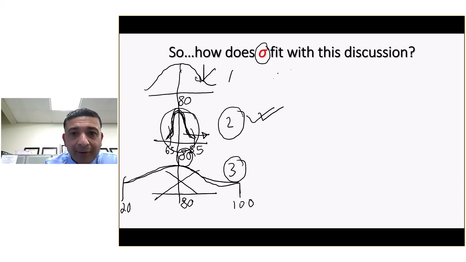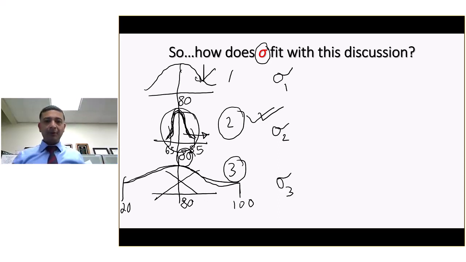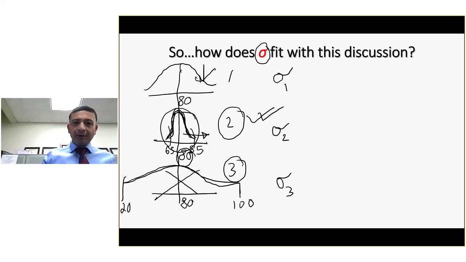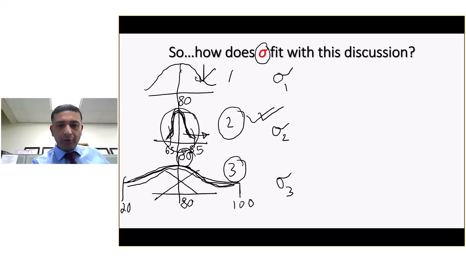If this one has a sigma of sigma 1, this one has a sigma of sigma 2, and this one has a sigma of sigma 3, which one is the highest? Sigma 1, sigma 2, or sigma 3? One more time. Remember, sigma is a measure of spread. Again, you got it right, because this specific curve has the highest spread. It also creates the maximum value for this sigma 3.